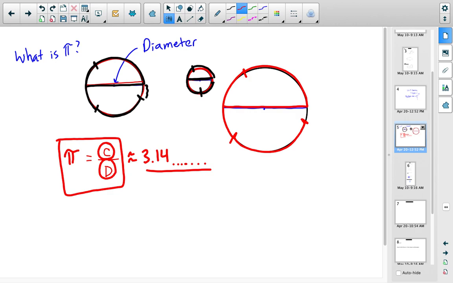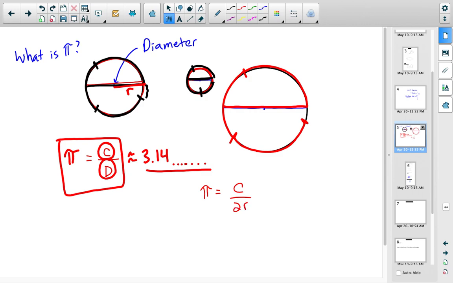Now, the more common formula you see is to take this, and instead of the diameter, remember we talked about how half of the diameter is the radius. So I could say my formula, pi equals the circumference divided by 2 radiuses.